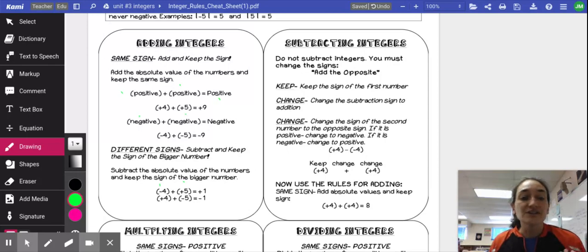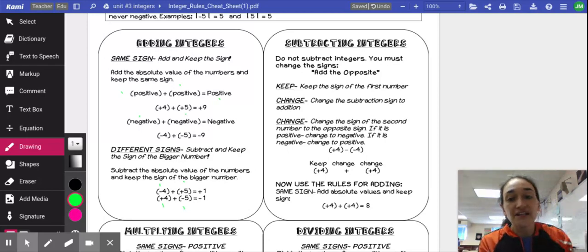And even though this is an addition, when you have a negative and a positive, you're finding the difference between the two. So a negative 4 but a positive 5 is only a difference of 1, and it would be a positive 1. Same is true for the other version. So if I had a positive 4 and a negative 5, now the negative number is greater. Therefore, my answer will be negative, but the difference is still 1. So your answer is a negative 1.